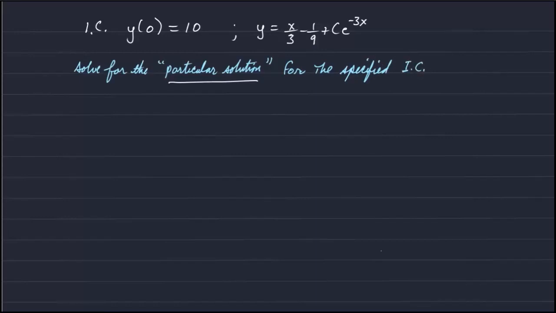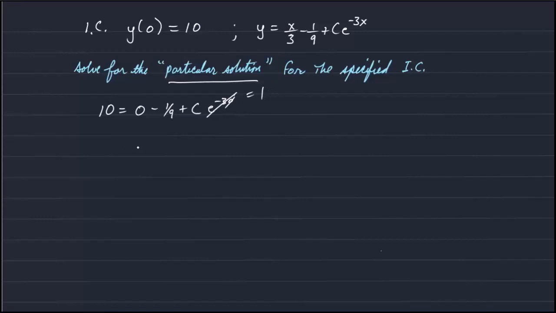So to solve for that particular solution, again, we substitute 0 in for x and 10 in for y, and we get 10 is equal to 0 minus 1/9 plus c, and e to the minus 3 times 0 is just 1.